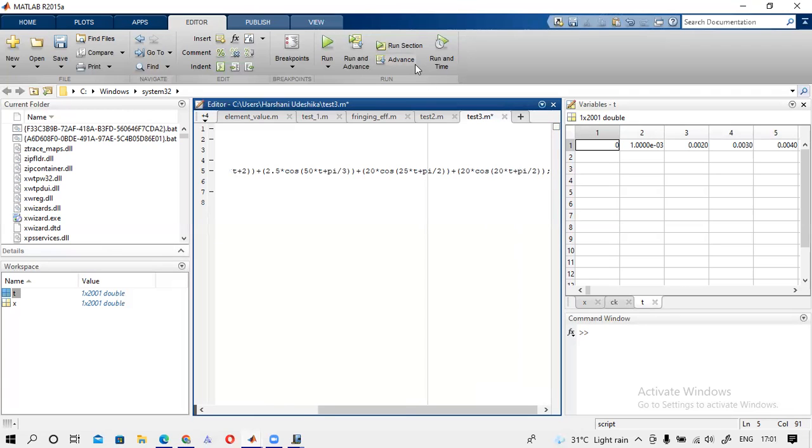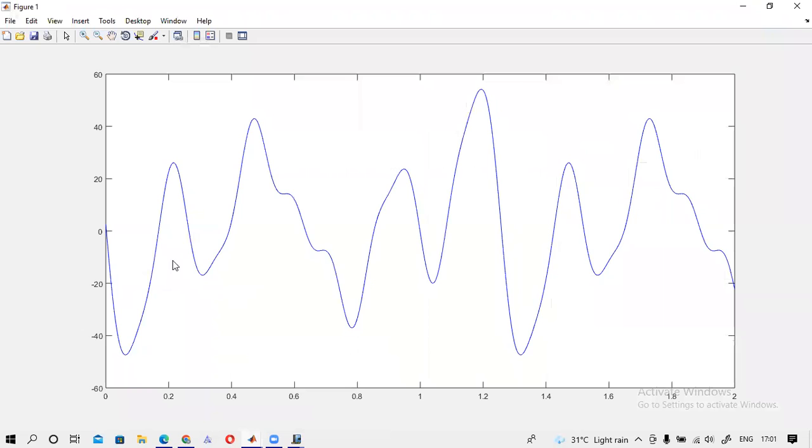What kind of signal do we get? Let's see. Now you can see that the pattern is changing, no? The pattern is changing here.